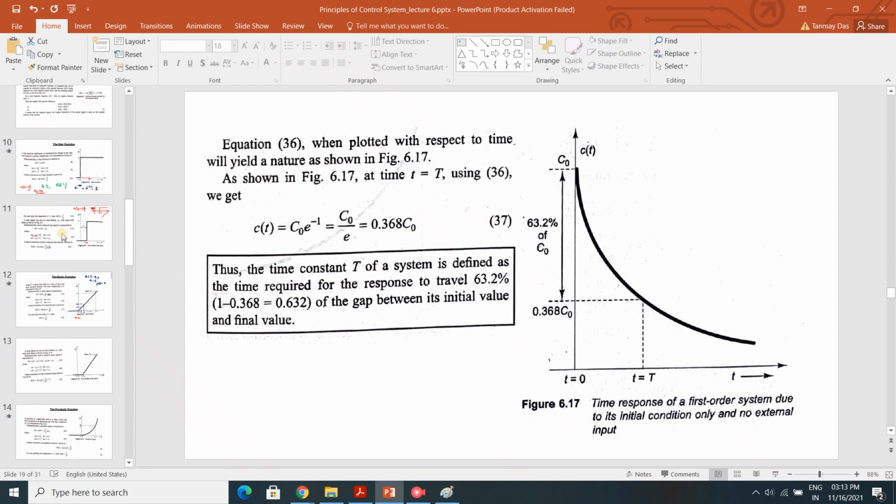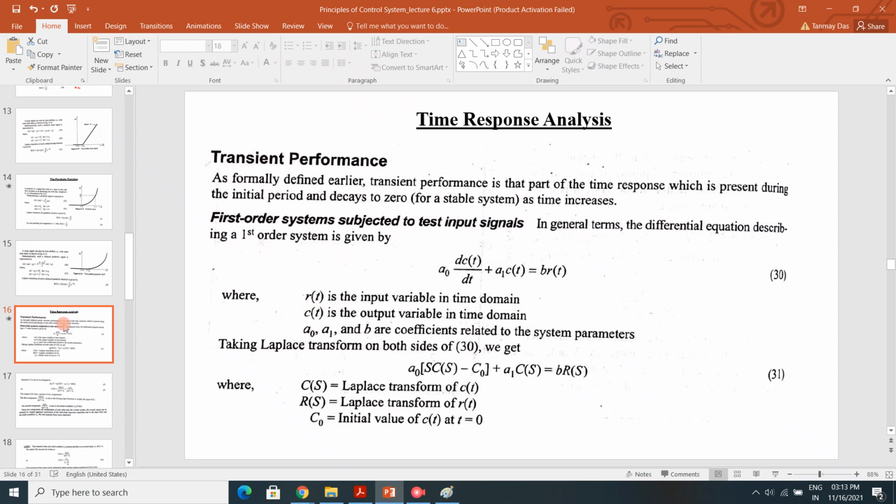I think you have understood these basic concepts, that whenever you are determining any time response, in time response analysis, always remember that the system is in time domain. Then you have to convert that into S domain, and then check the response, check the output.